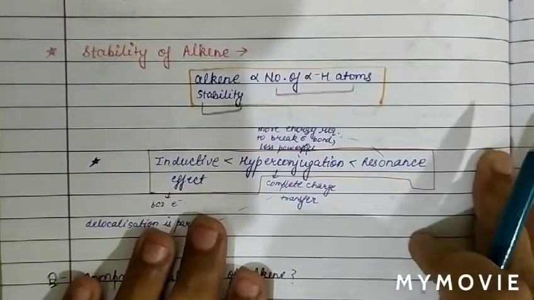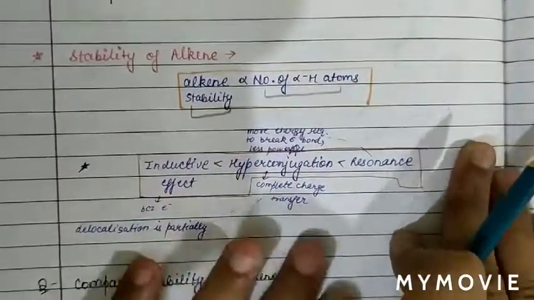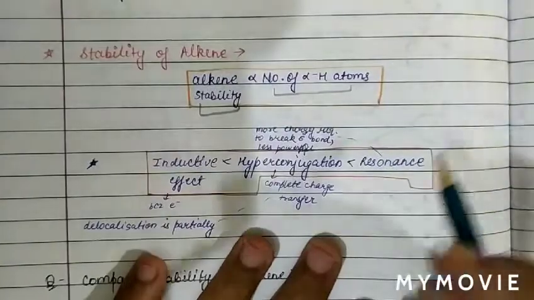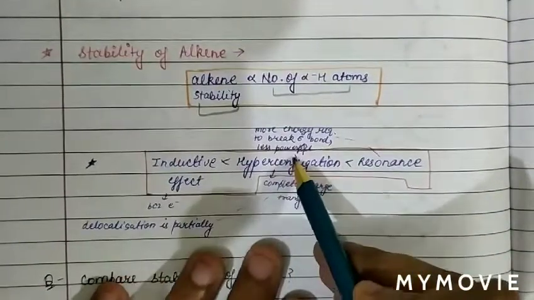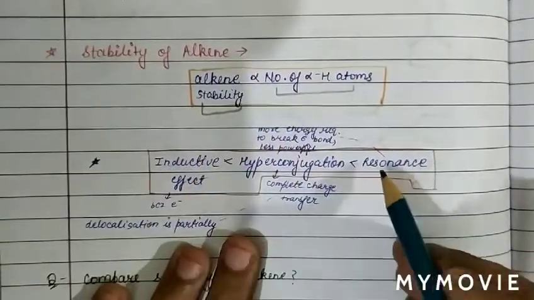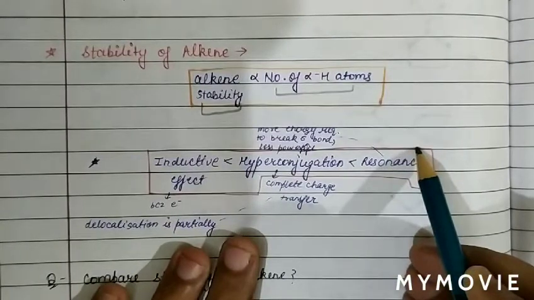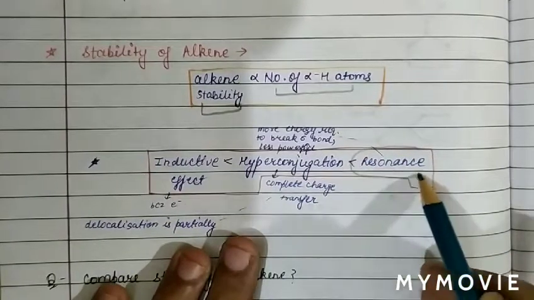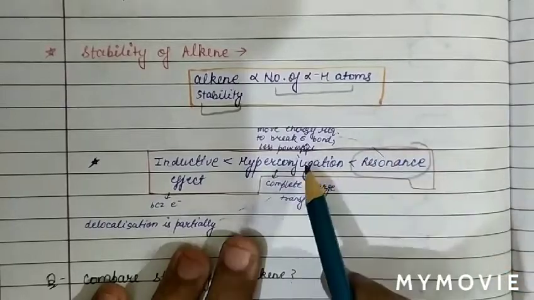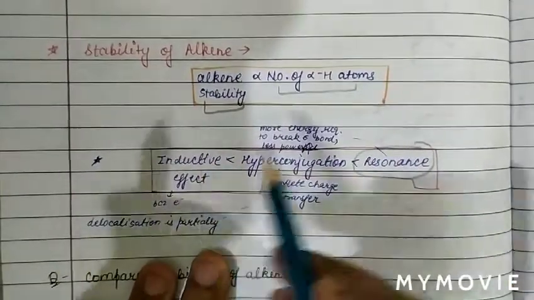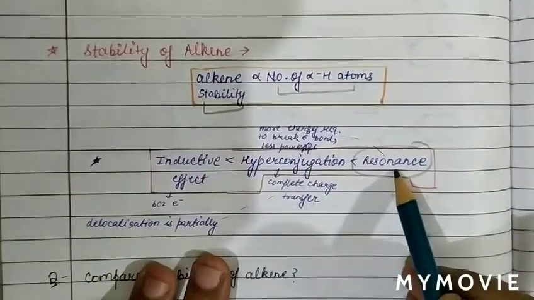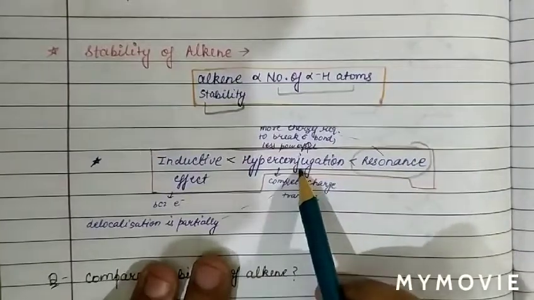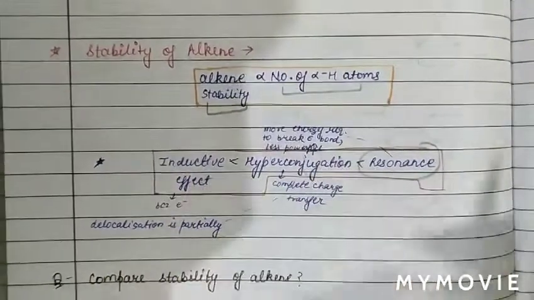Also remember, as we have discussed all effects, resonance, hyperconjugation and inductive, the most dominant effect is resonance, then hyperconjugation, then inductive. So first priority is given to resonance, then to hyperconjugation and then to inductive.